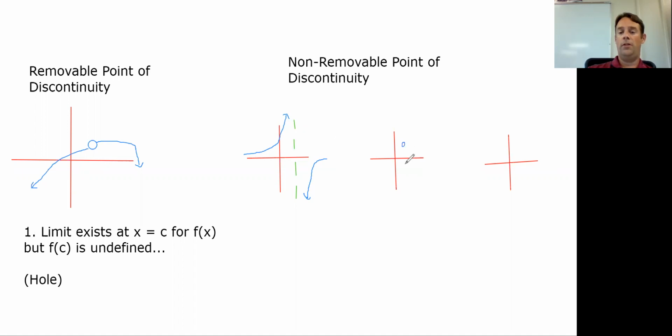All right, and then the other one that a lot of people like to think about is when at some value of c, the graph goes to two different y values. In other words, the one-sided limits don't agree. So this is when our limit doesn't exist.